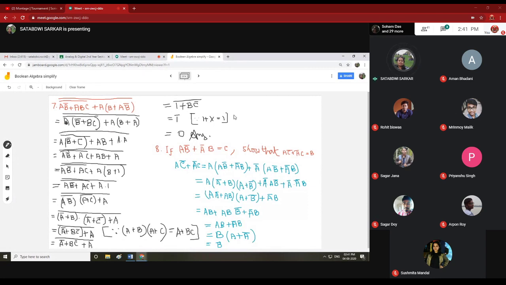So just writing this a, we are taking common this a, then b bar plus bc is remaining. Here also a, taking common a, so it is b bar plus a. And here a, so it is b bar plus c, and here ab plus aa.